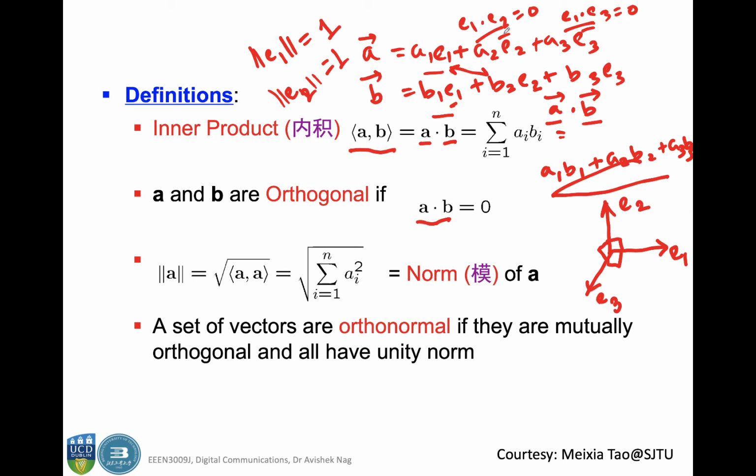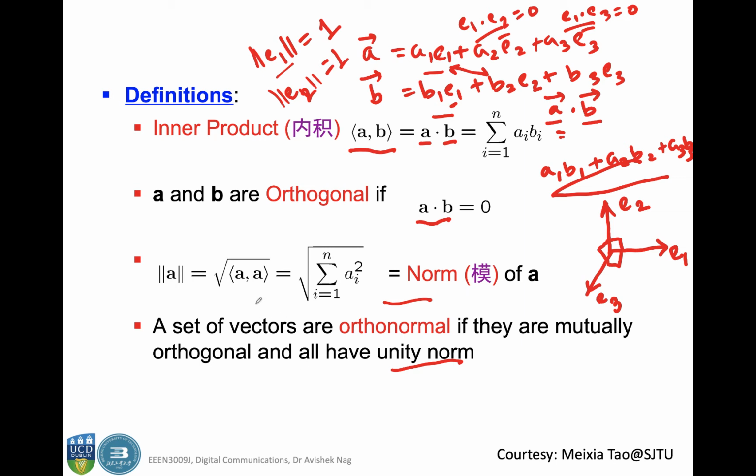So these unit vectors are orthogonal to each other, and they are also orthonormal because they have unit energy, and that's what is said here. A set of vectors are orthonormal if they are mutually orthogonal and all have unity norm. The norm is defined by this term. So basically this is the square root of the total energy of the vector.